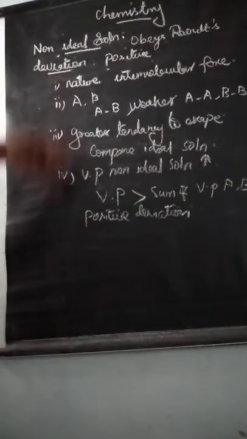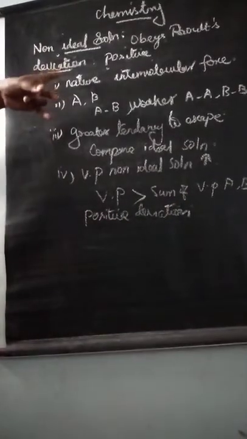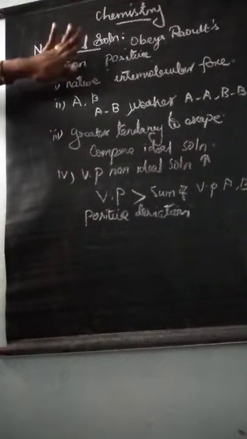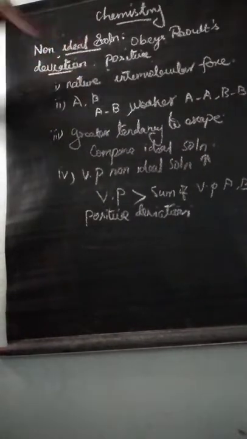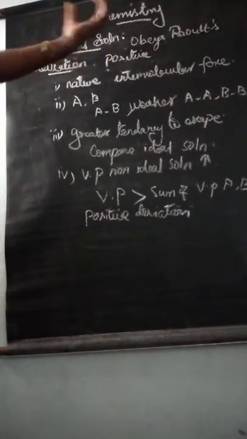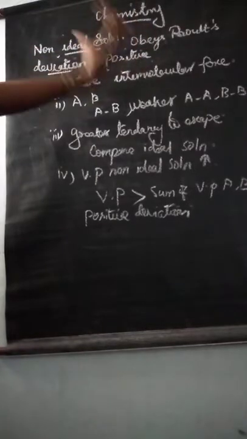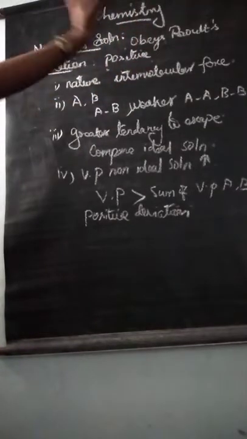Understand? So what are the points we learned? Tell the points one more time. First point, the nature of this positive deviation can be explained in terms of intermolecular force of interaction between solute and solvent.